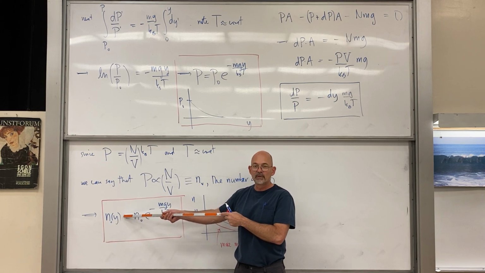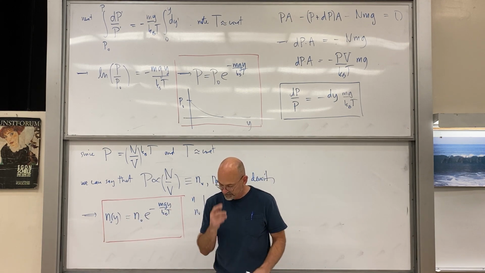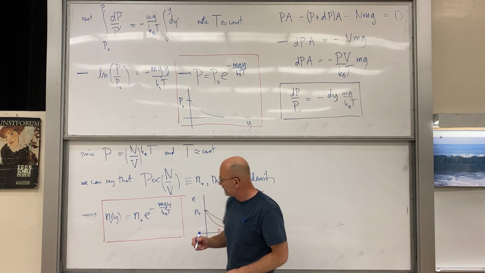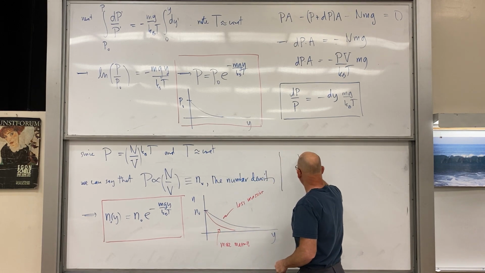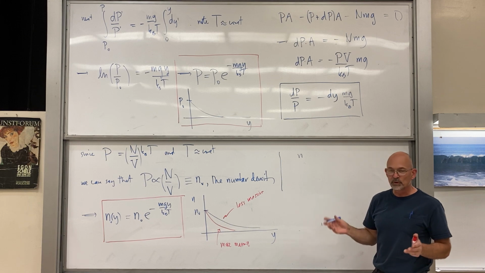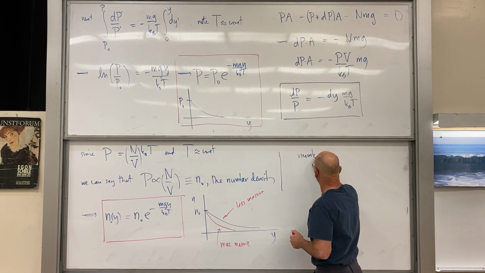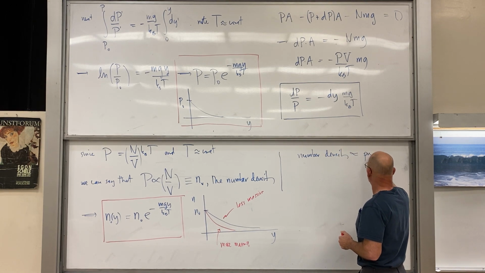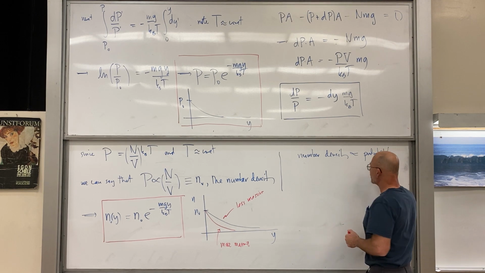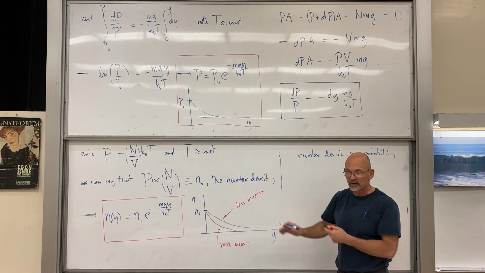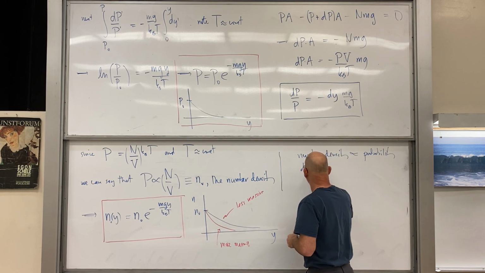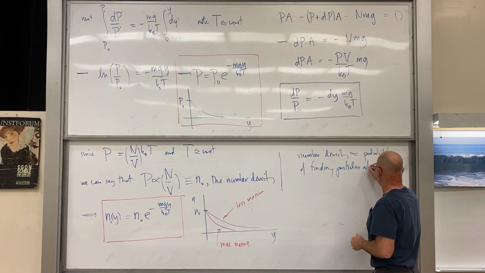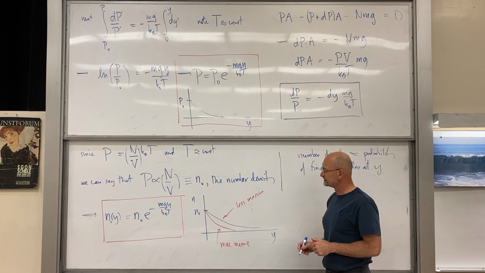Since we have a number density, we can start talking probabilities. Number density can be proportional to a probability, the probability of finding particles at a certain elevation, particles at y.